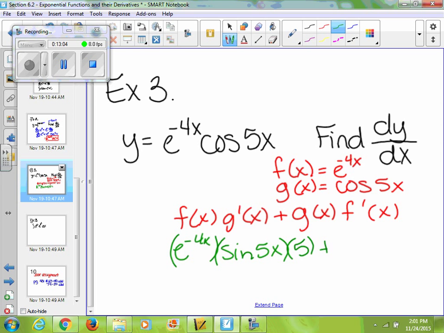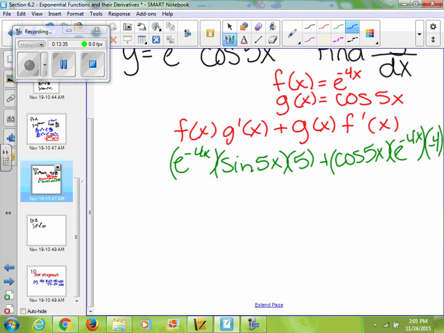Then I need to take my second, which is just cosine of 5x, so that stays the same, times the derivative of my first. So e to the negative 4x derives to be e to the negative 4x, and then we need to take the derivative of negative 4x, which is negative 4, right? The derivative of negative 4x is negative 4. So then let's just simplify.